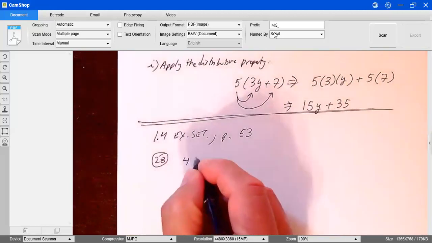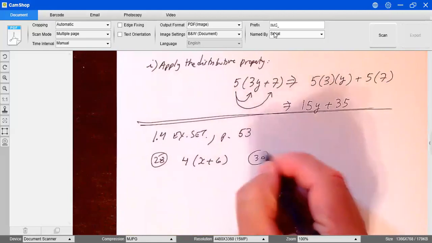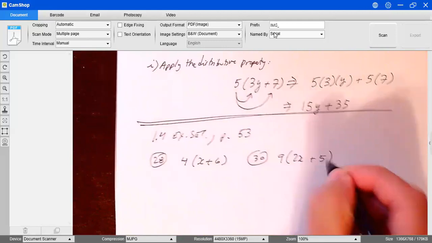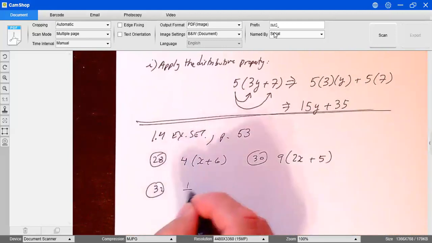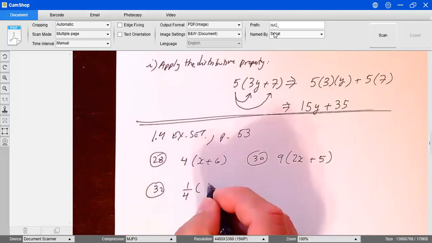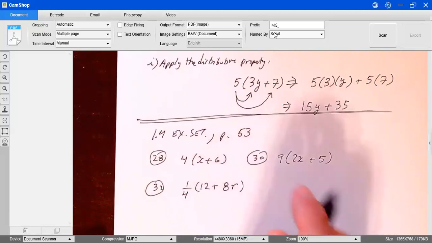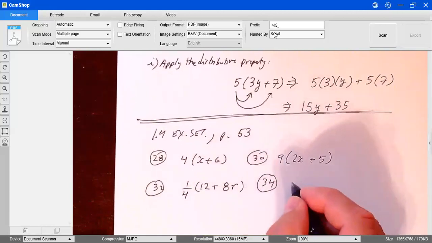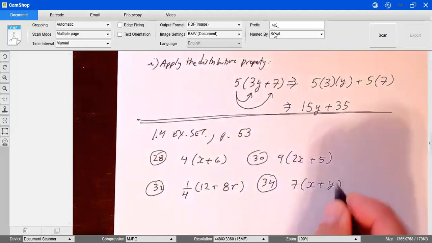So you have 4 times x plus 6. Then we have 9 times 2x plus 5. Then we have 1/4 that multiplies 12 plus 8r. Then we have 34, where 7 multiplies x plus y.